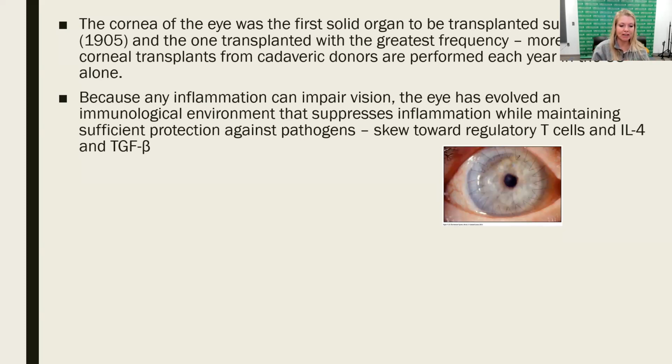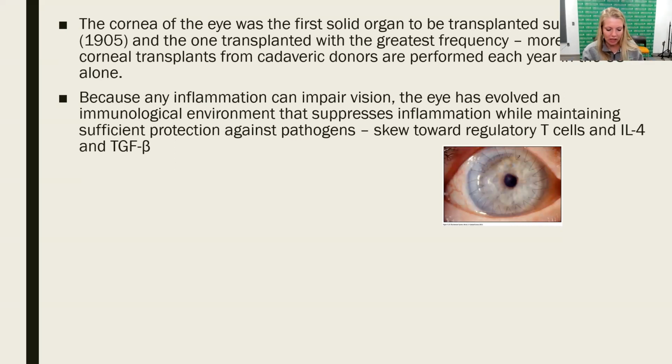There is a push towards making T regulatory cells and secreting cytokines like IL-4 and TGF-beta, those anti-inflammatory cytokines. Because of that, cornea transplants are tolerated pretty well. There's not a lot of rejection of them because the eye is an anti-inflammatory environment by nature.